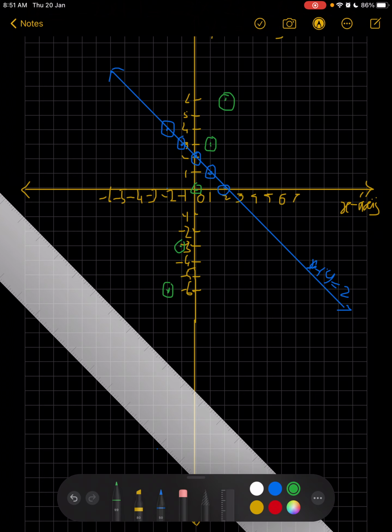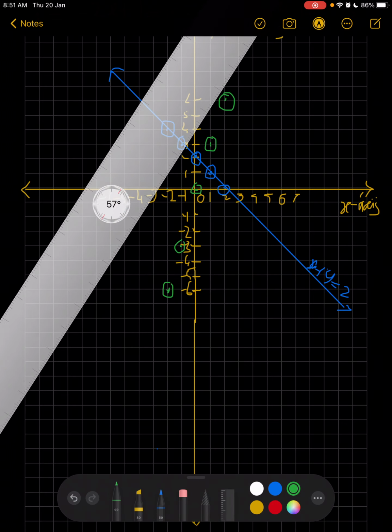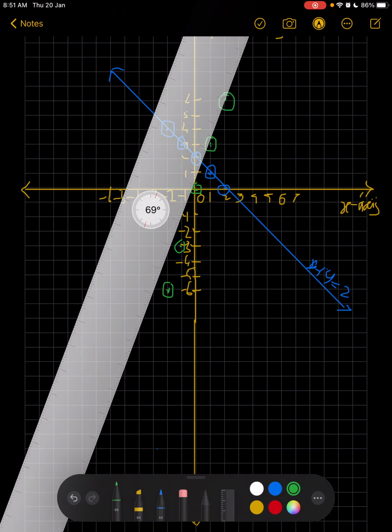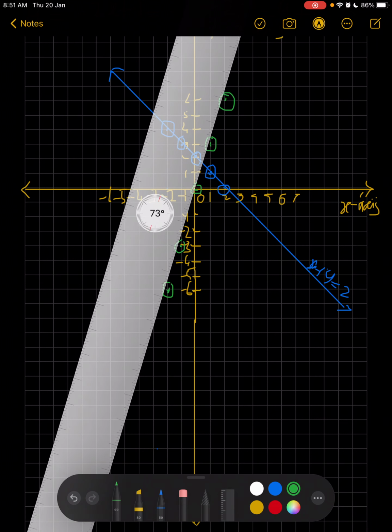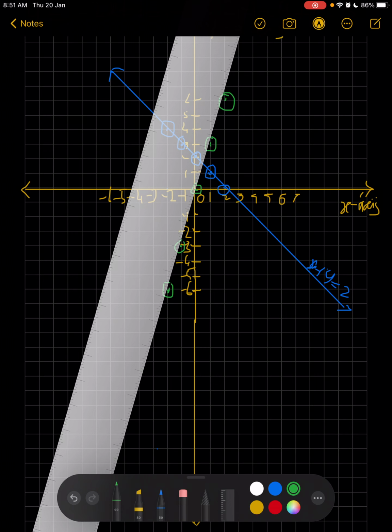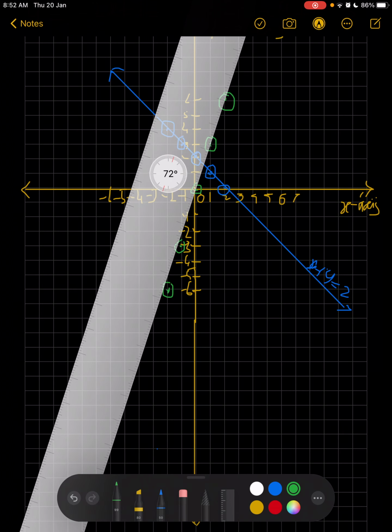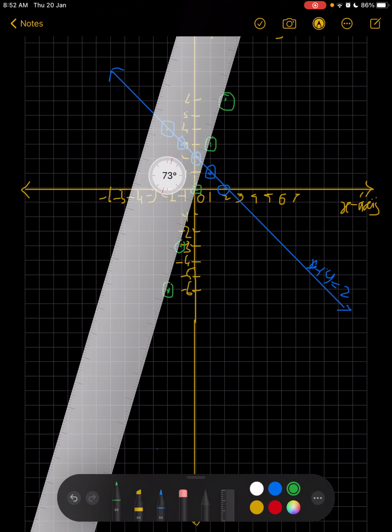So, all the 5 points, let us see whether they are on a line. If they are on a line, it means your work is correct. So, here I am going to join them. The 5 points, let us join them.